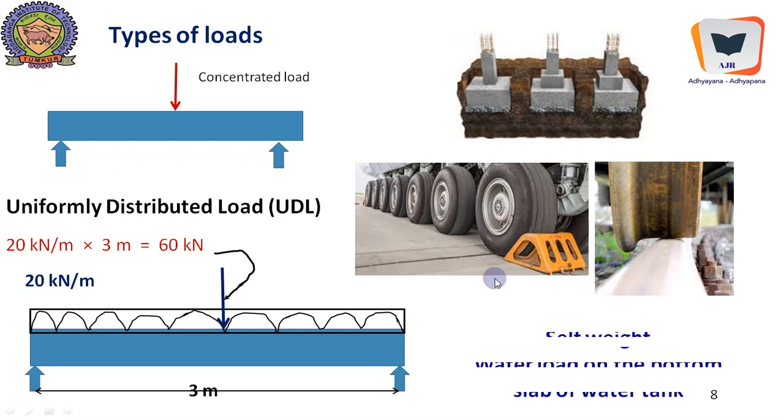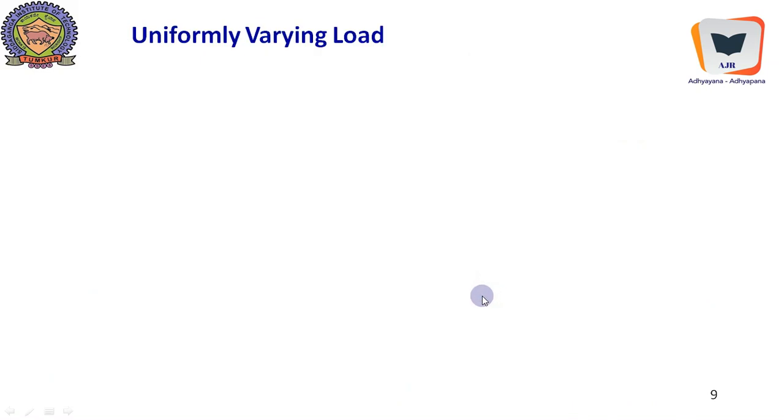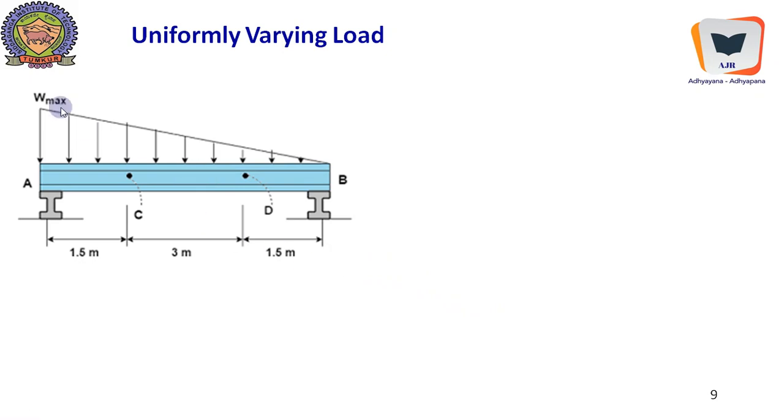Of course, there is another category of load which we will occasionally see. This is uniformly varying load. This is a special kind of load wherein the intensity of loading is very high over here, and it gradually becomes zero.